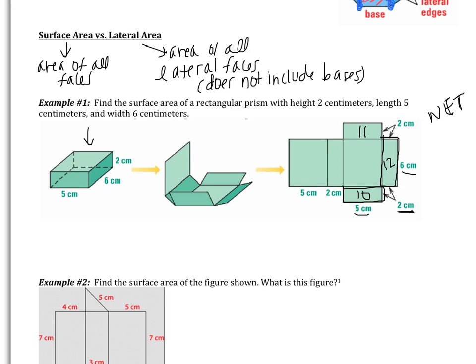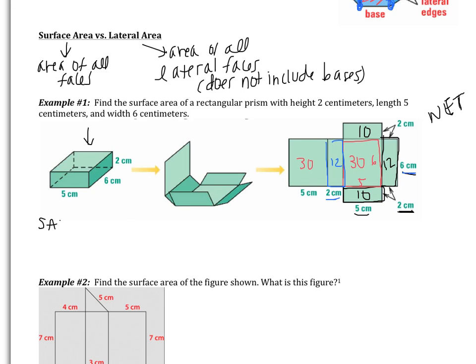Same thing with this rectangle up here. This rectangle right here is going to be 5 by 6, which is 30. Same thing with this one here, it's going to be 30. And then this little rectangle is going to be 2 by 6, and it's going to be 12.